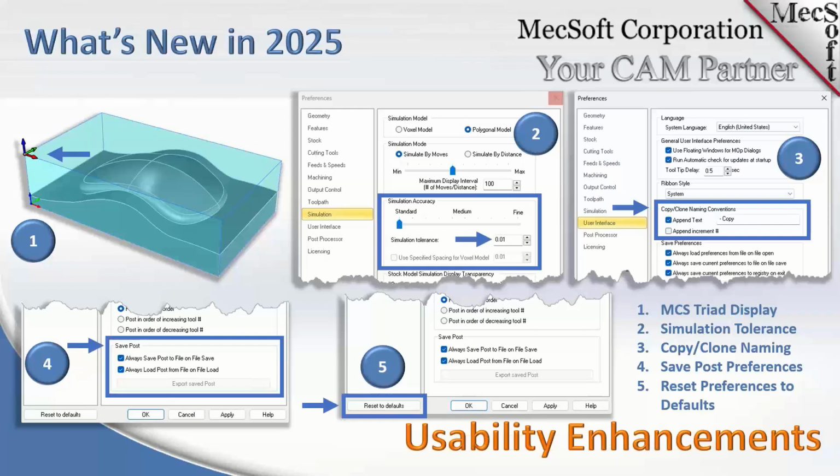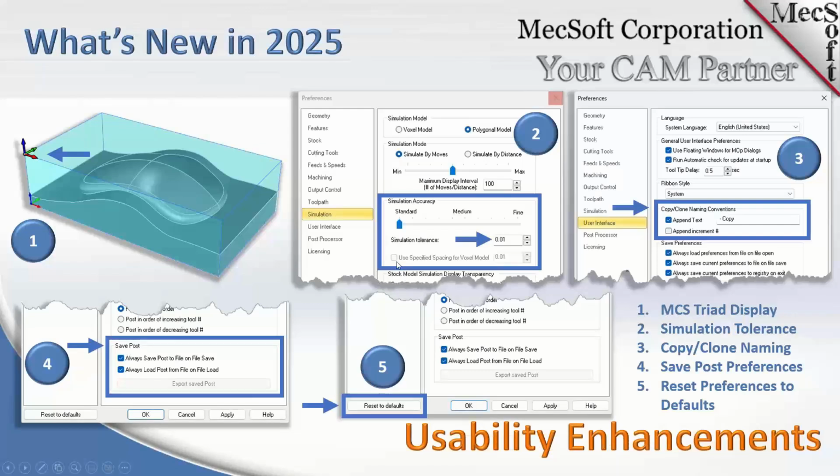Conversely, if it's taking too long to simulate, you can relax this tolerance, and you'll get a much faster simulation, but just bear in mind it's a little bit less accurate. So you can control that separately now. Let's see here. And also, there are 2 options here.